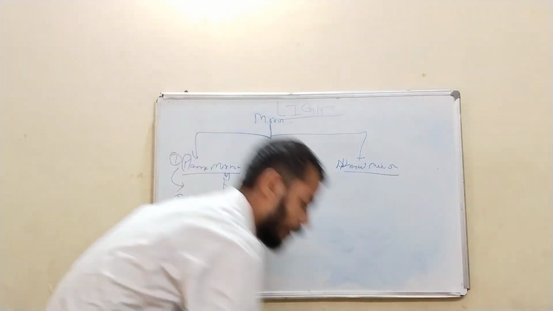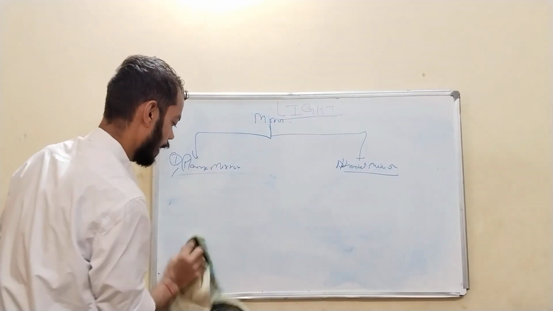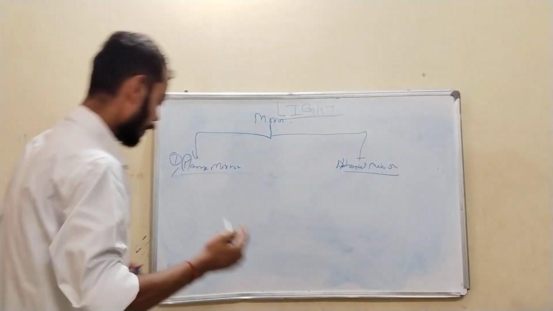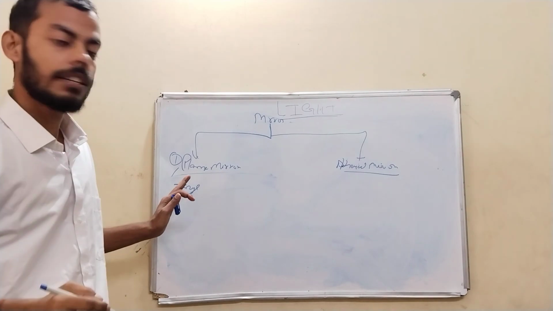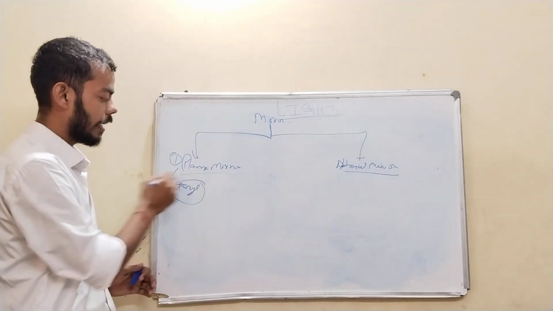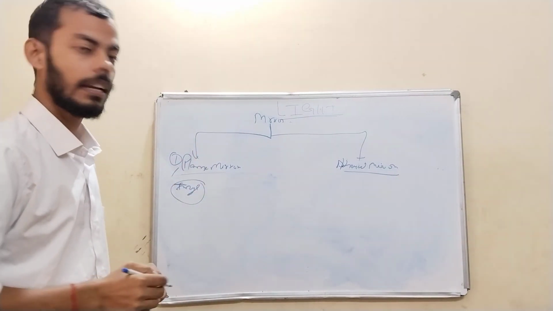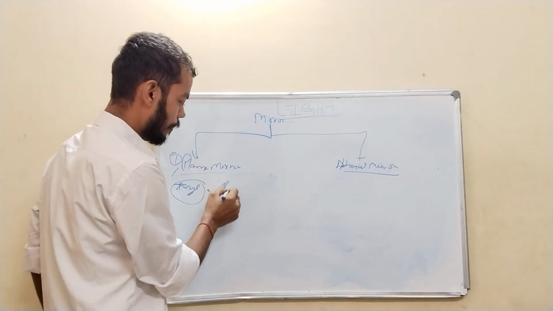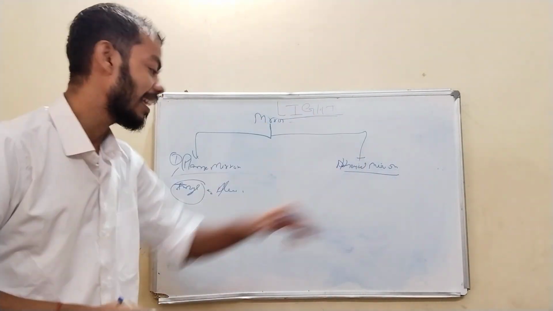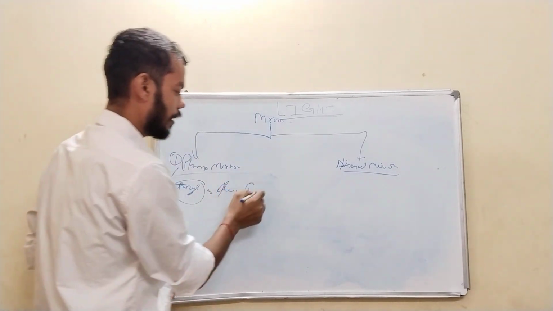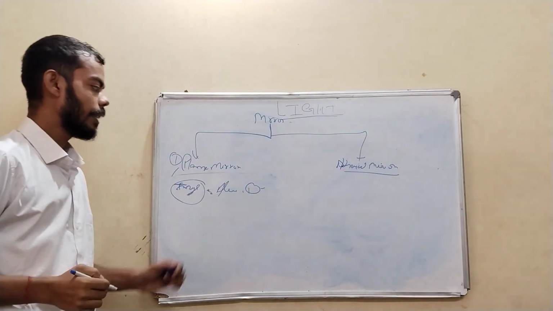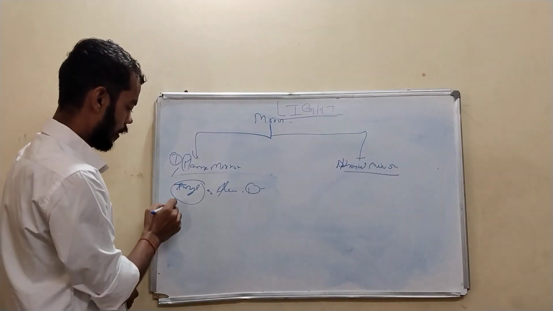The basic characteristic of the plane mirror is that the image formed by it is always behind the screen, or you can say deep inside the mirror. This is the first basic concept of the image formed by the plane mirror.